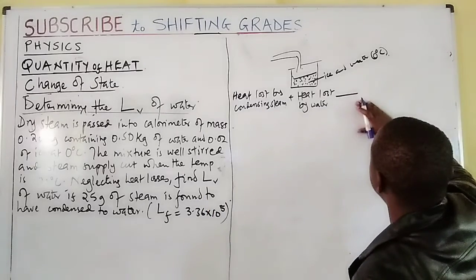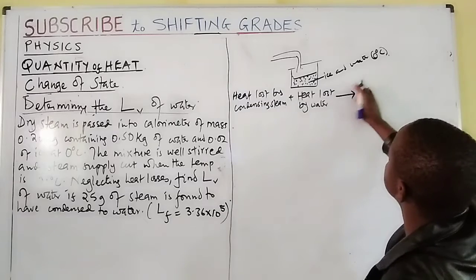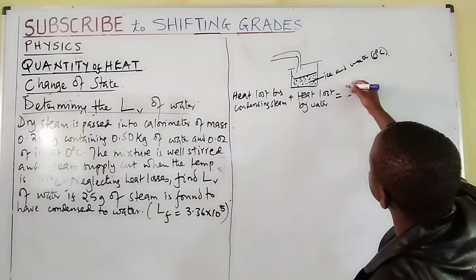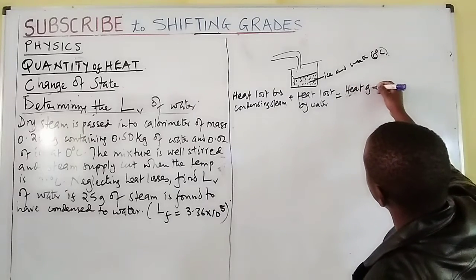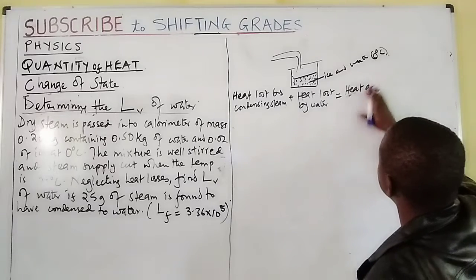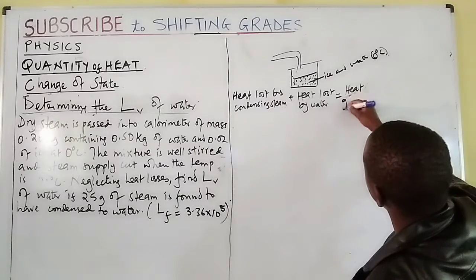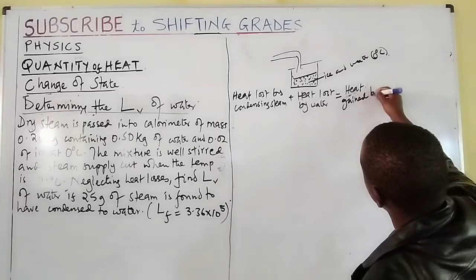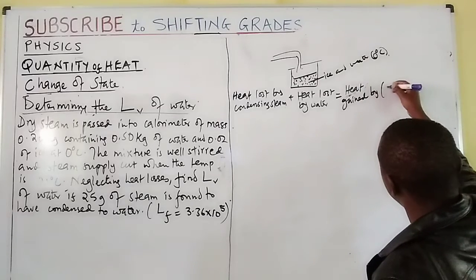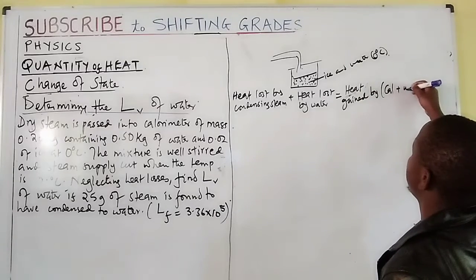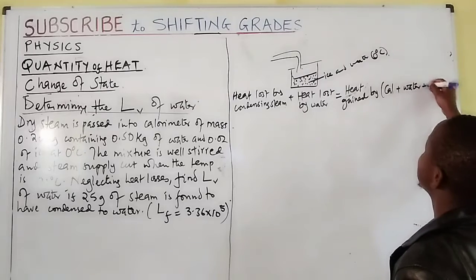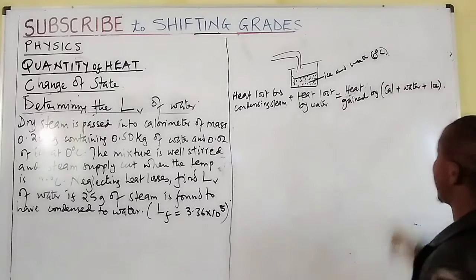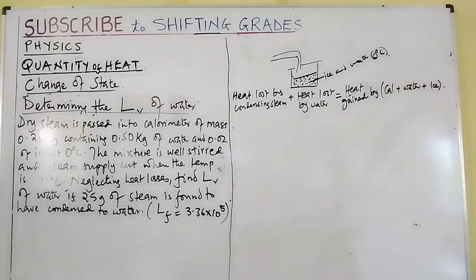Now, as it loses energy, this will be the same as heat gained by calorimeter plus heat gained by water plus heat gained by the ice, which is to melt.